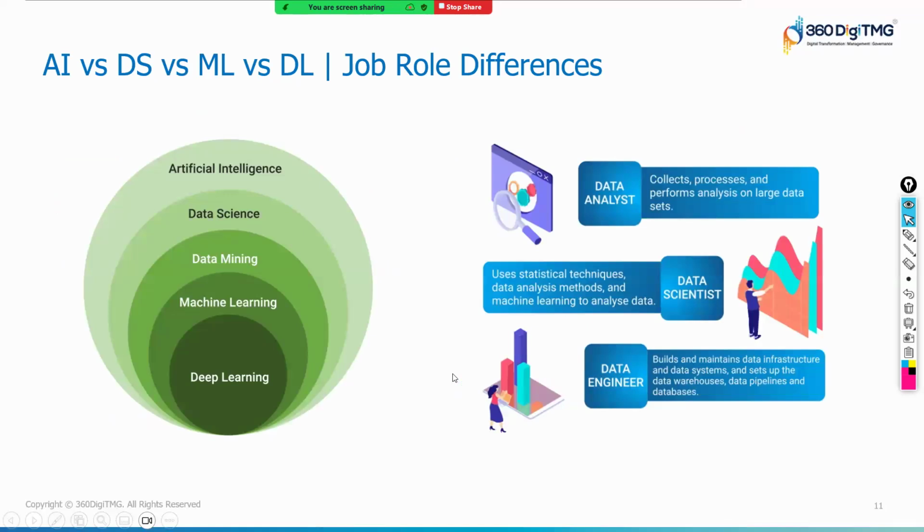Now, as I told, there are many things that are happening with respect to data. The roles and responsibilities may vary depending on how each company is defining their scope. At a high level, we see data analysts, data scientists, and data engineers. But these are different roles, and we are talking about this particular role, a data scientist role.